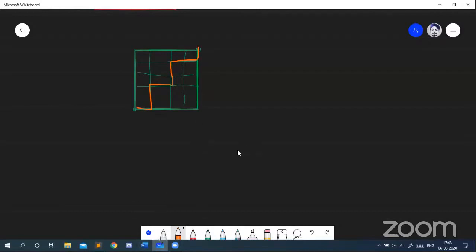The number of ways in which I can go from this source to this destination will just be the number of ways in which I can arrange these instructions of going up and right.